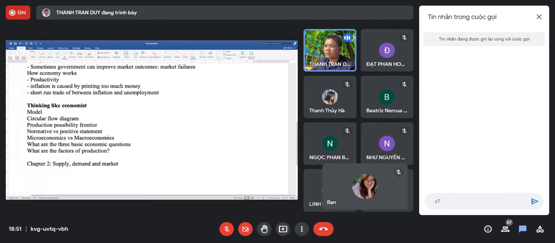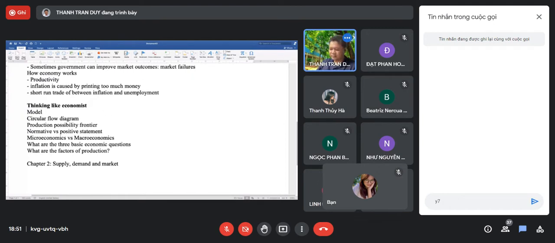And when we talk about this one, we say that we use the resources. And when we talk about that one, what is the circular flow diagram?